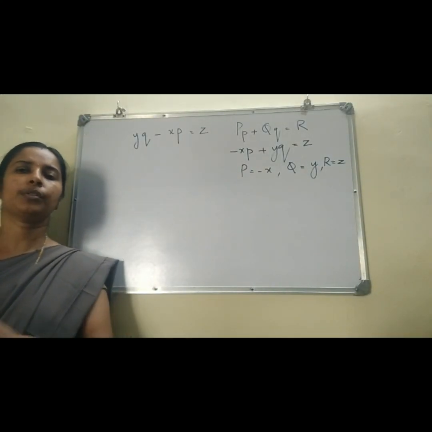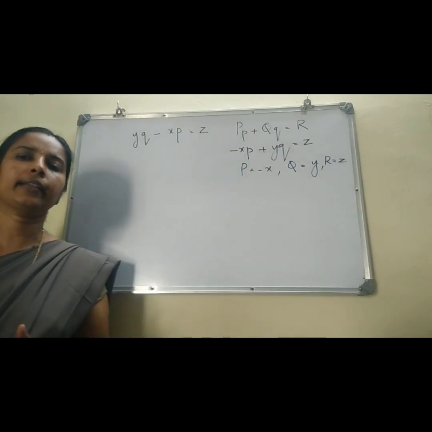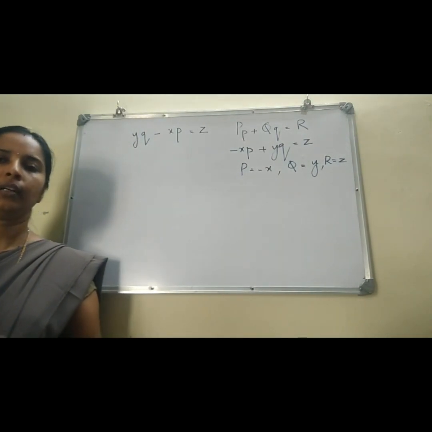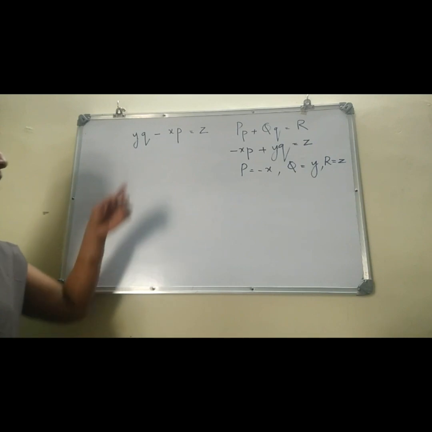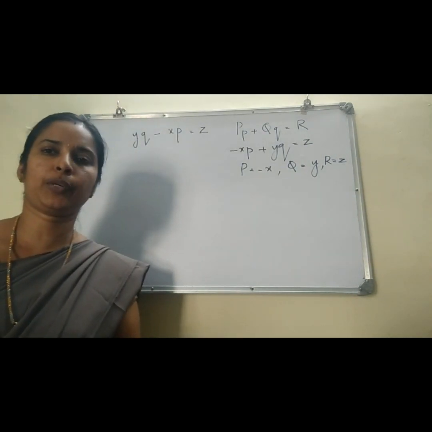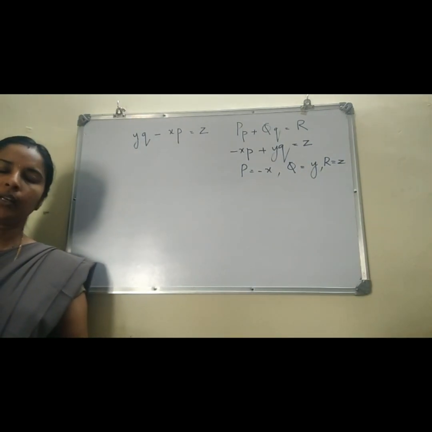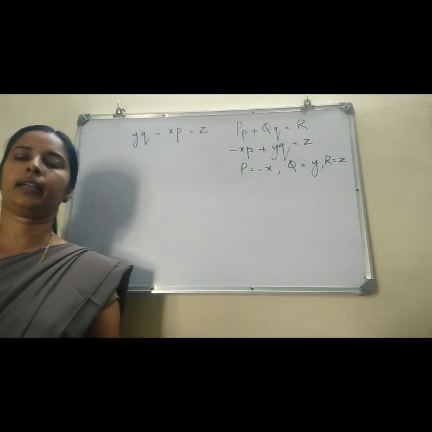Let me illustrate how to solve a Lagrange's linear equation. For that, consider the equation yq minus xp is equal to z. First, you write the auxiliary equations.